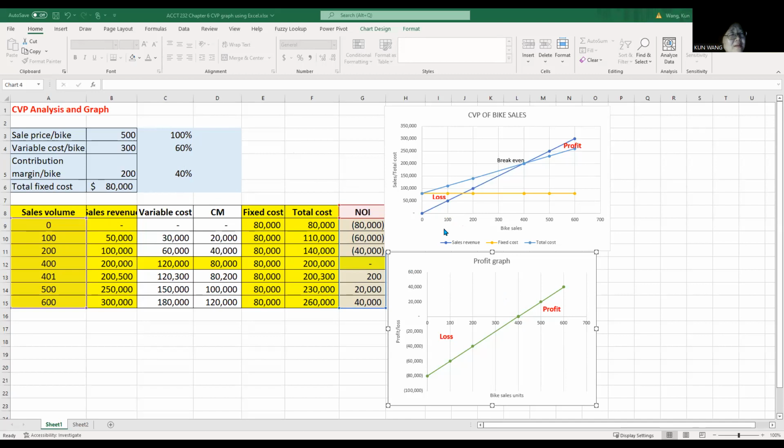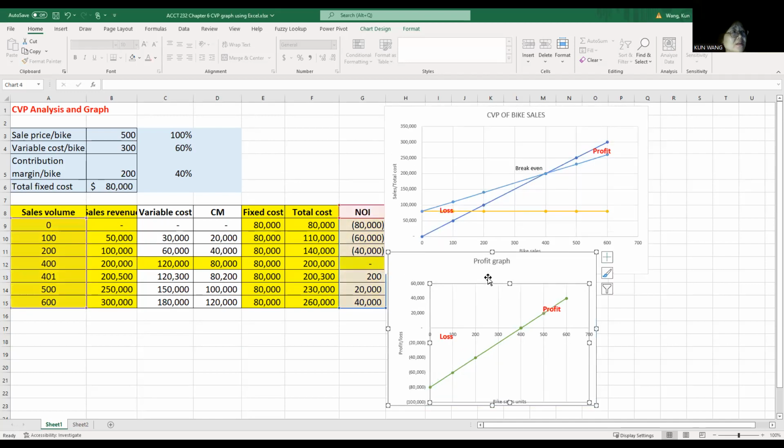Graphing is a very helpful tool rather than the table, especially when you try to present your results to the managers in an interactive, dynamic presentation. Most of the time, you can use a graph to show directly what we have found.